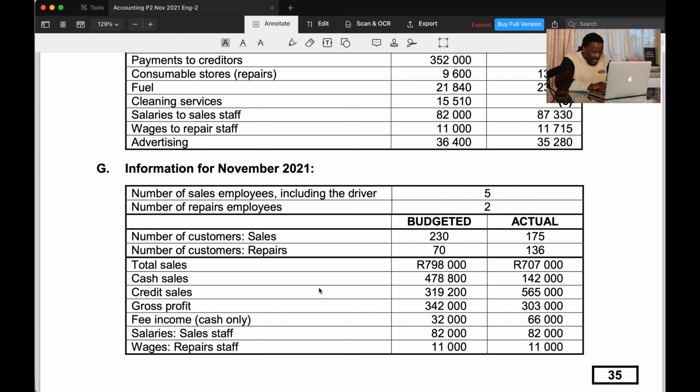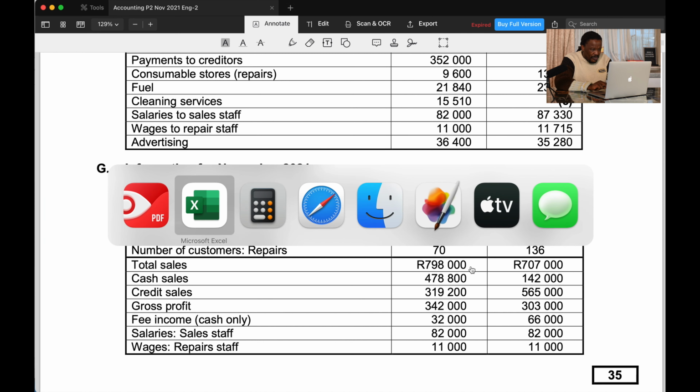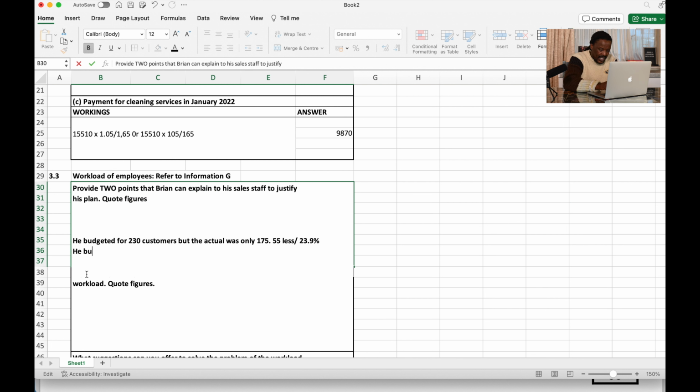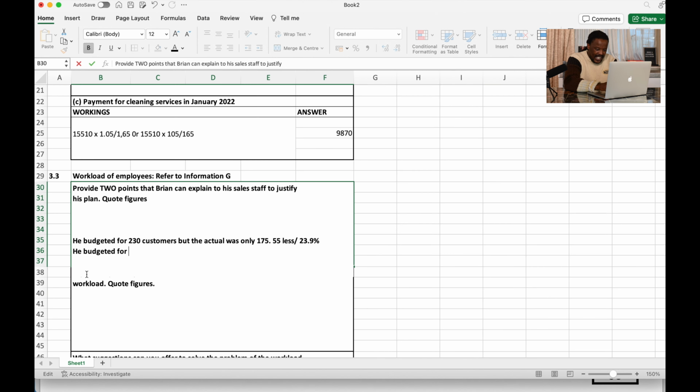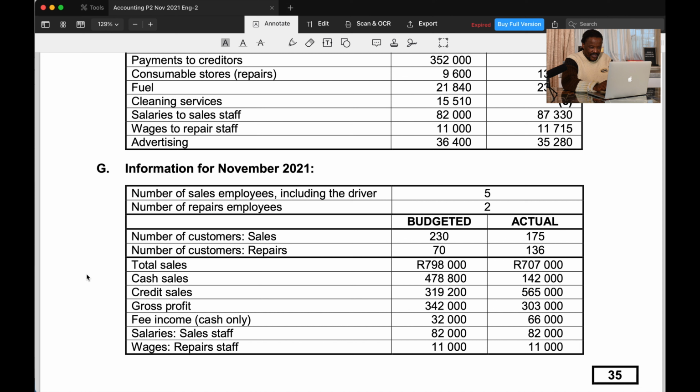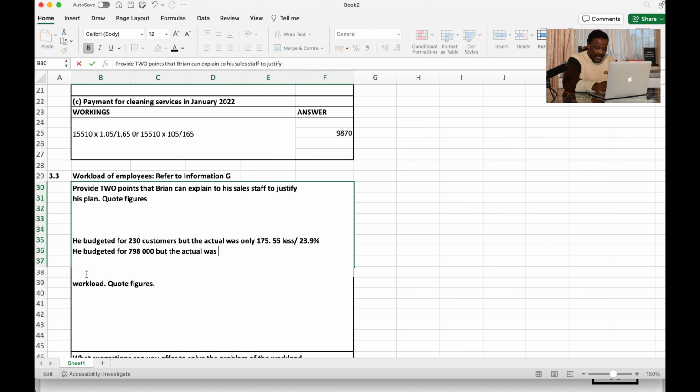The budget for total sales was 798,000, but the actual was only 707,000.